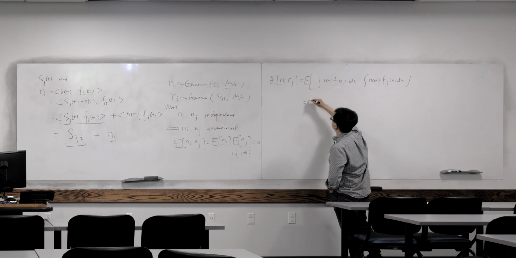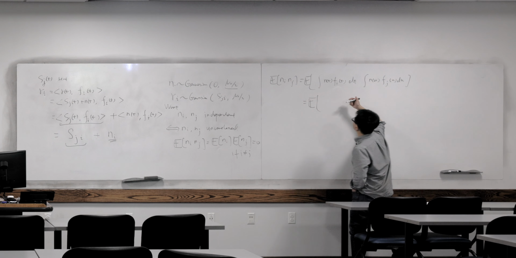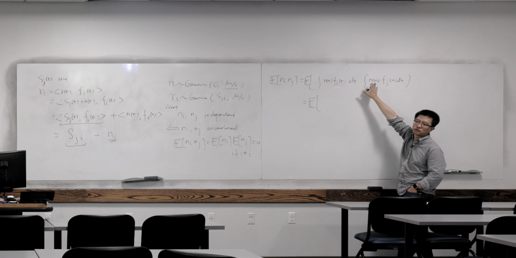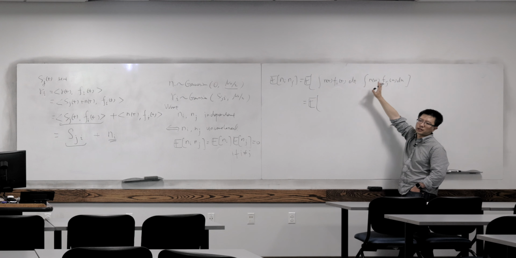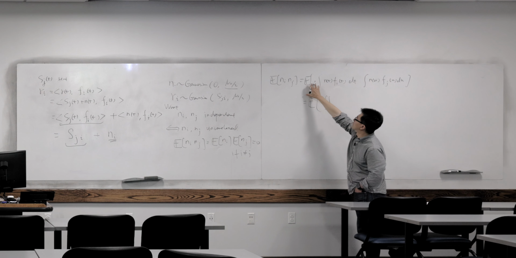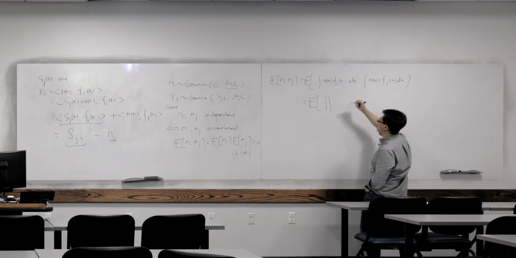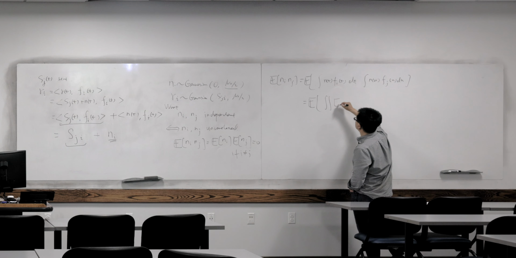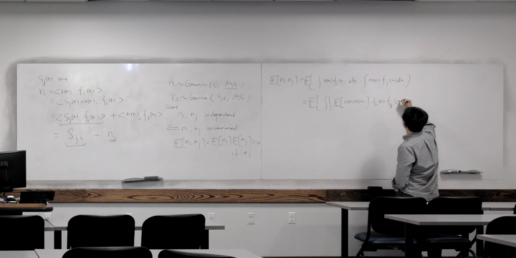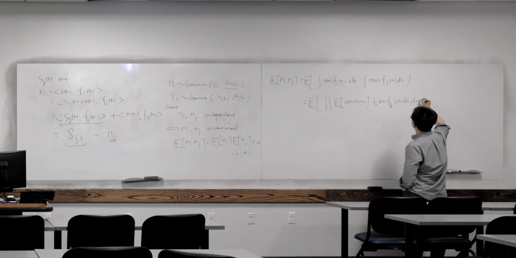Similar to the trick that we used before, we group it into a double integral, since they're just independent integrals. Then we bring the expectation inside. So we have the expectation of Nt and Nu, which are the random variables, and then Fi(t) times Fj(u) dt du.